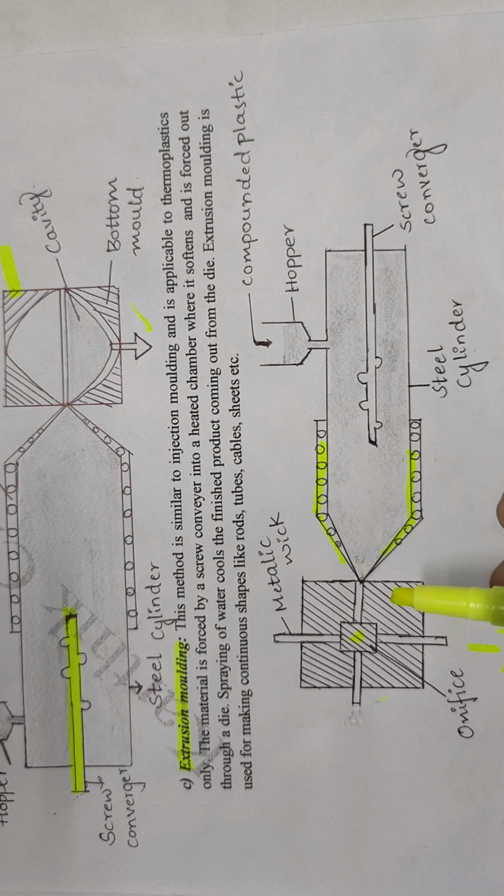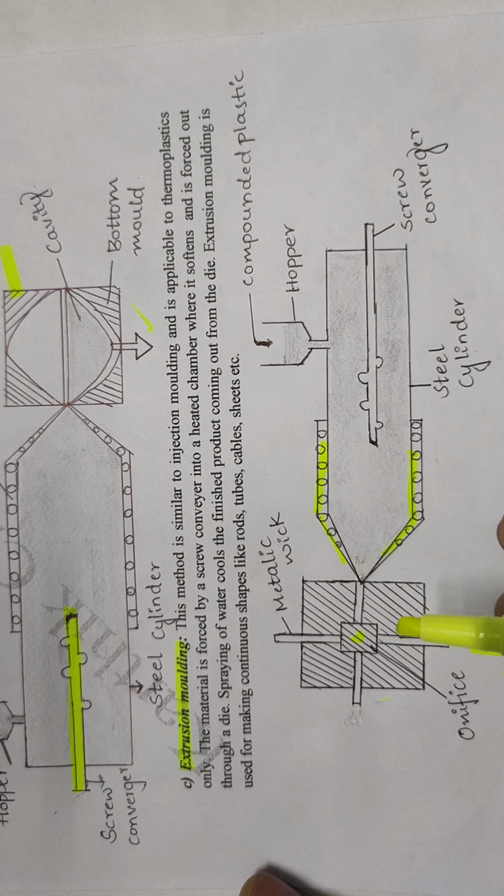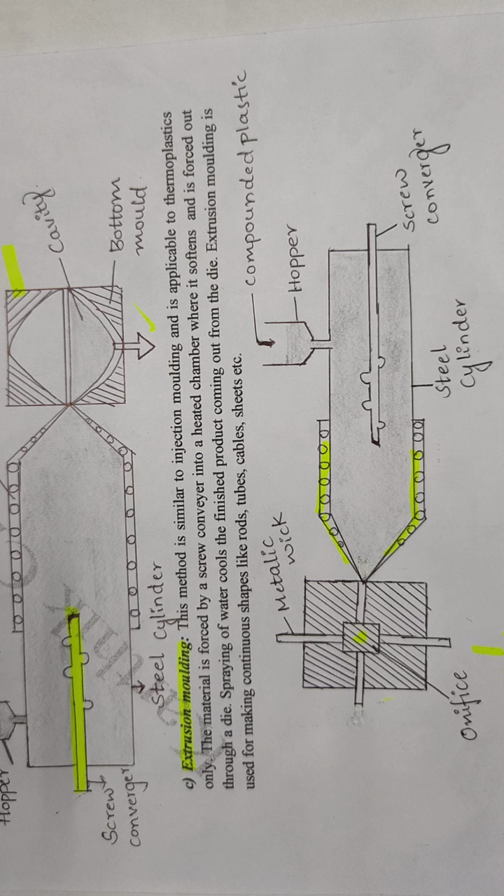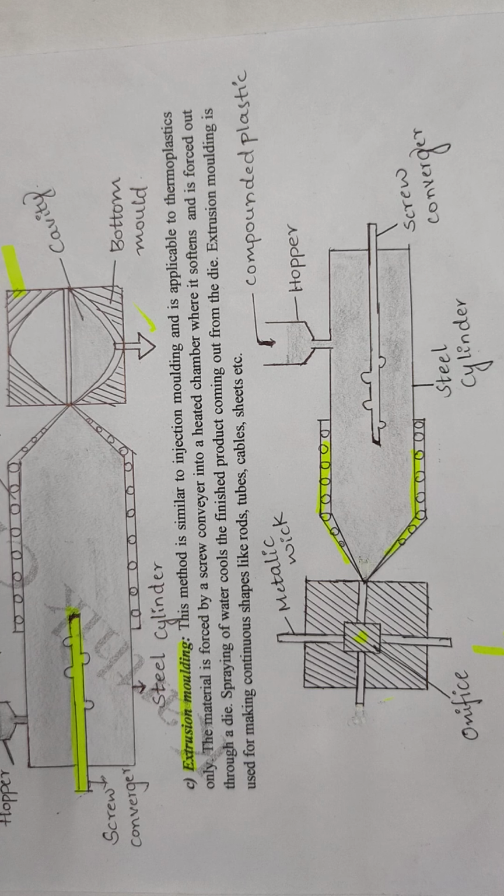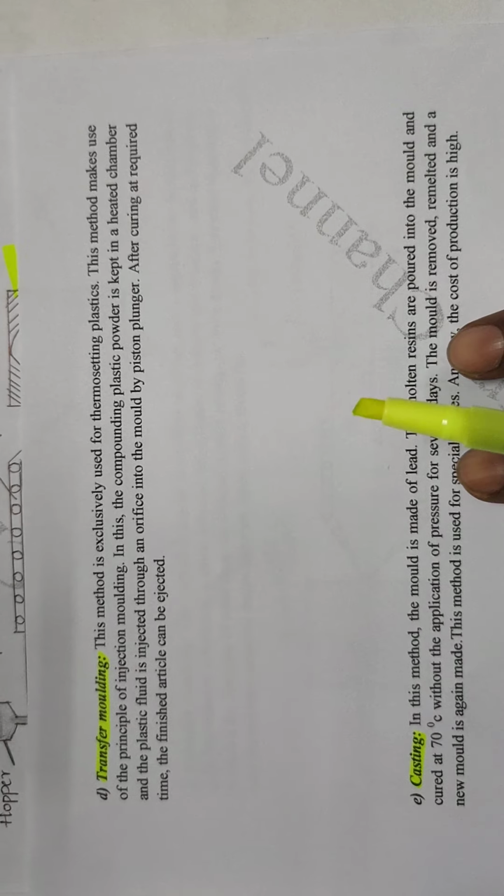Okay students, for preparing articles with thermosetting plastics, which technique do we use? The transfer molding technique. By using the transfer molding technique we can prepare articles from thermosetting plastics.